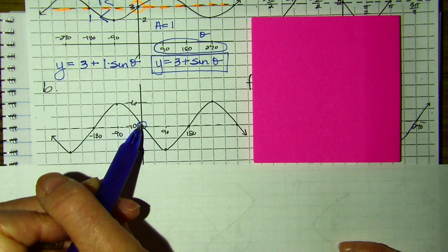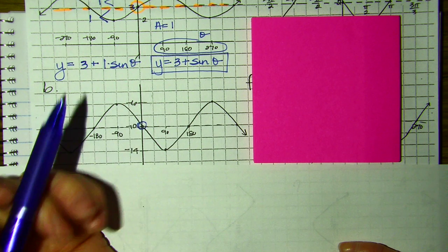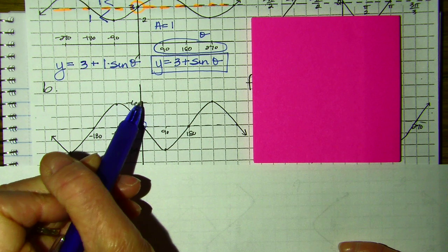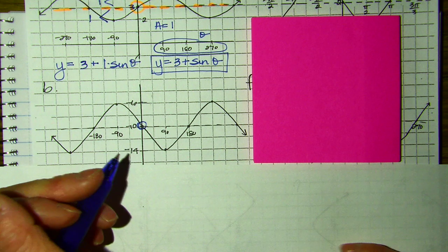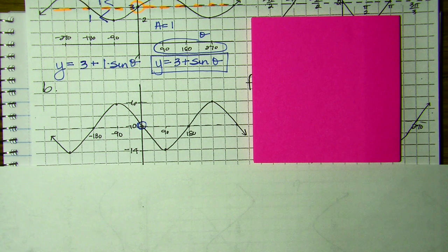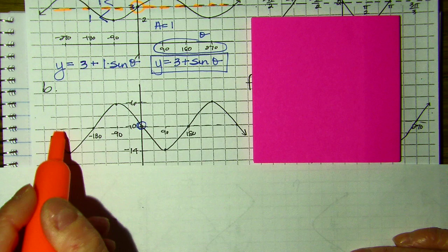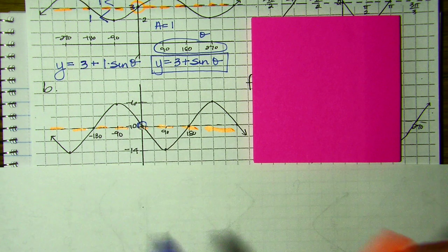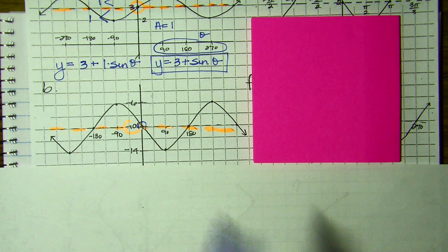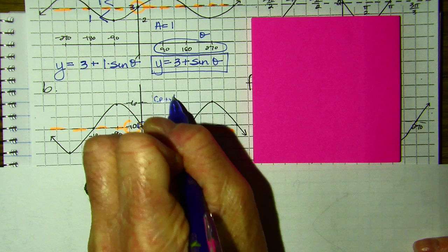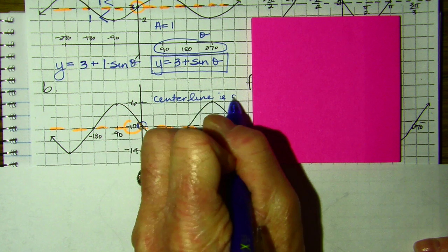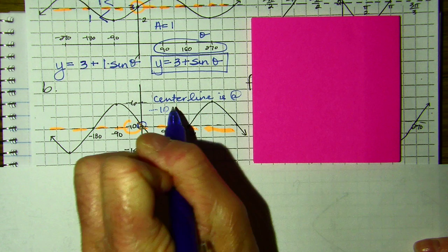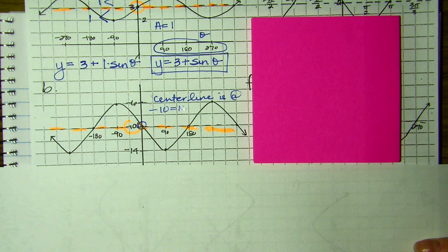If it's not a peak on the y-axis, then I can assume it's a sine. So first I'm going to talk about my center line. Notice it's at -10. So that is the value of k.